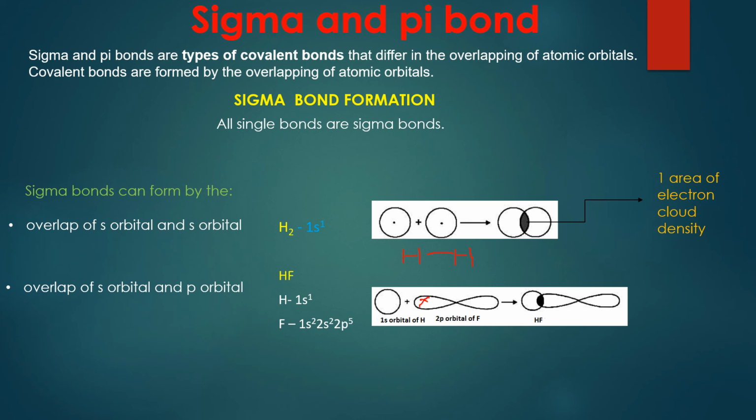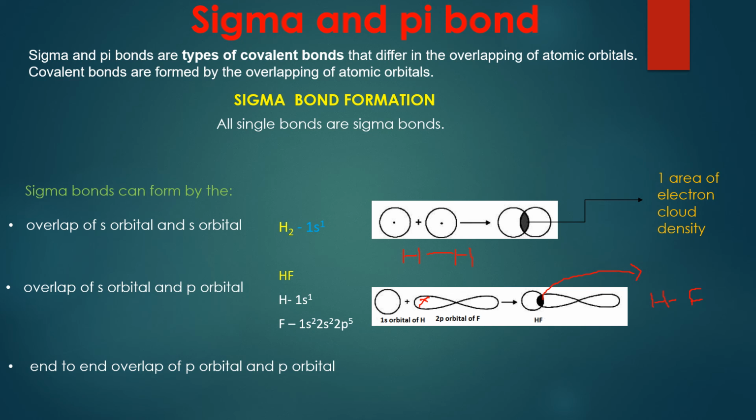So when these two orbitals overlap, you can see again that there is a region of electron cloud density, one region formed here. And when there is one region of electron cloud density, there will be a formation of one bond between hydrogen and fluorine. So this is how single bonds form between s and p orbitals.